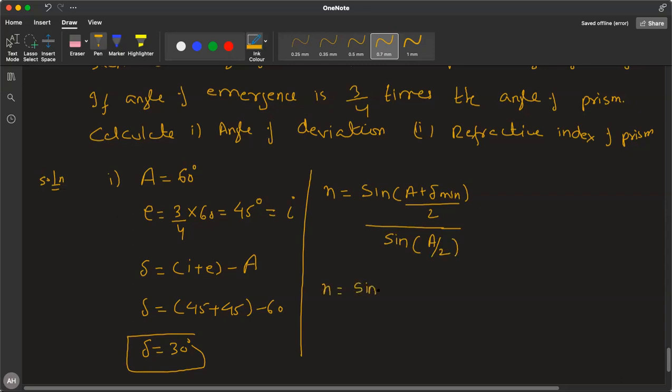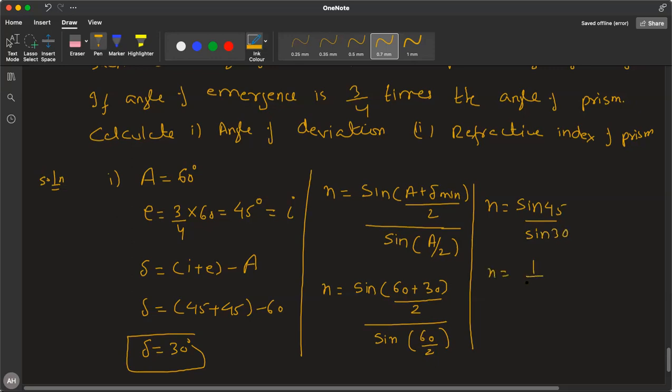So you have sine of angle of prism 60 plus delta minimum 30, divided by 2, divided by sine of A by 2, A is 60 divided by 2. So we have n is sine 45 divided by sine 30.